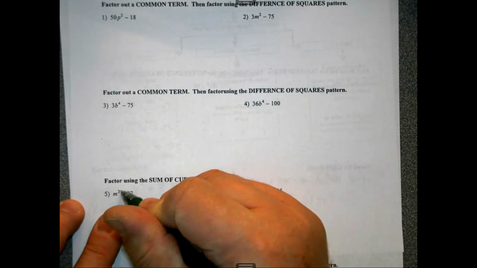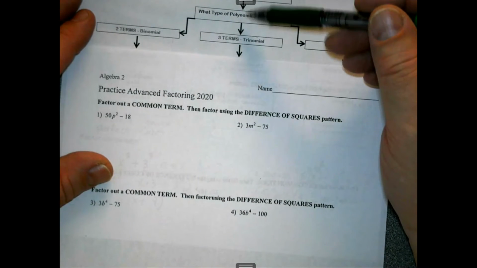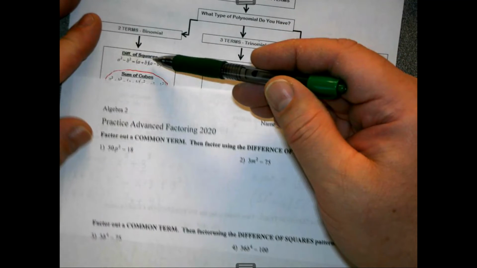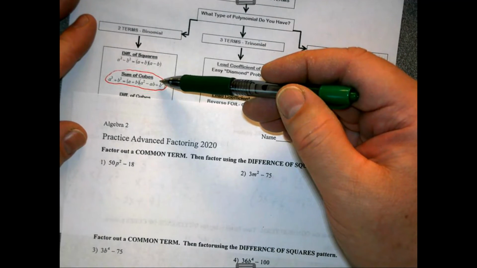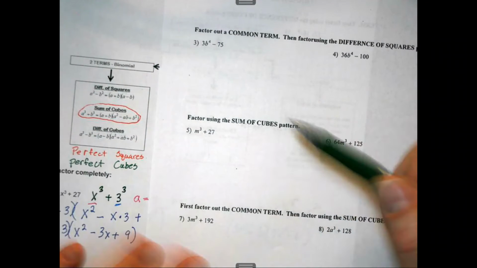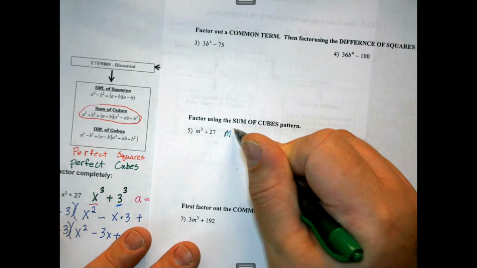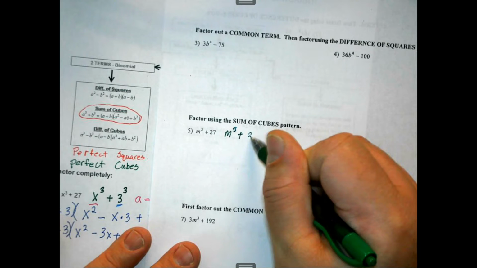Okay, so again, if we follow our flow charts, we have two terms. We don't have squares. We have cubes again. And we have a sum of cubes. So it's pretty much the same problem as number 1. 27 is what cubed? 3 cubed. Okay.